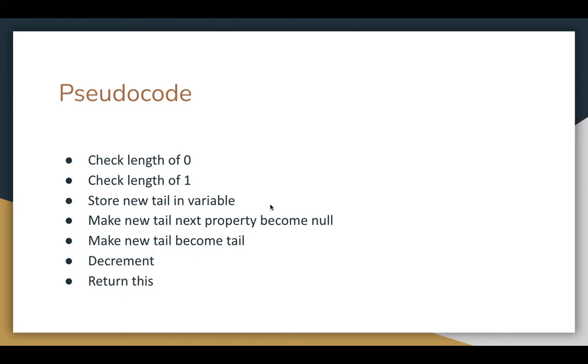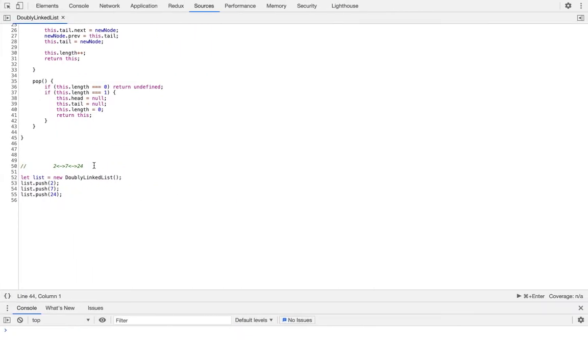So now, this assumes that we have more than one node in our list. At this point, what we're going to do is store the new tail in a variable. If we look at this right here, I'm pushing in a total of three nodes, and it creates this structure. And remember, because we're dealing with doubly linked lists, it has arrows pointing forward and back, in both directions.